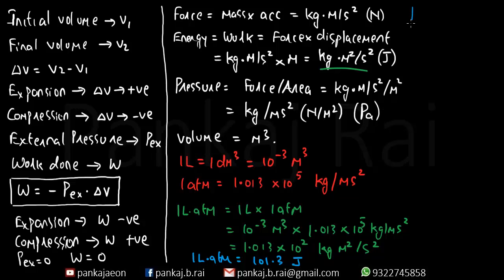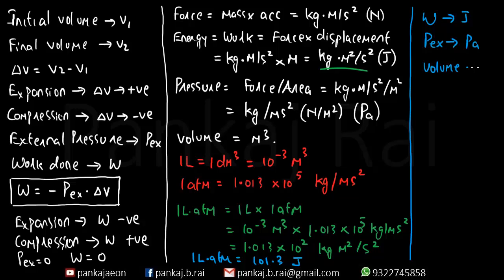Now on the basis of these conversions you can solve these numericals by yourself. There are two sets of units which might be given to you. If work is given in joule, the external pressure has to be in pascals or newton per meter square or kg per meter second square, and the volume should be in meter cube.